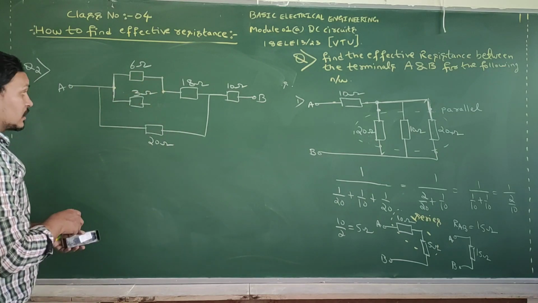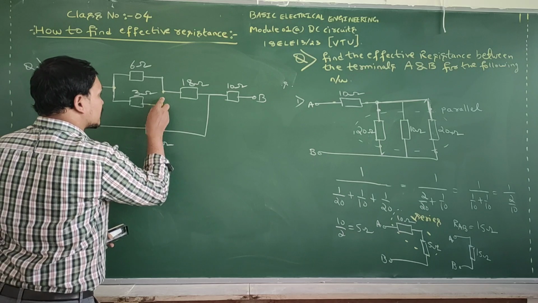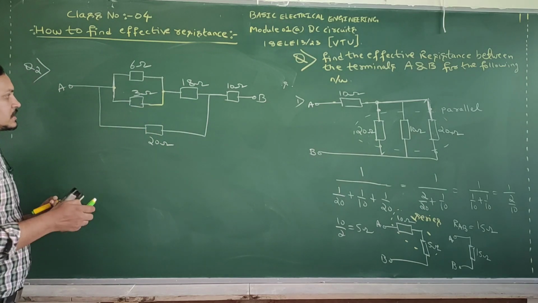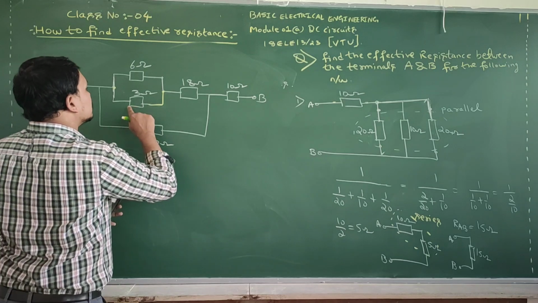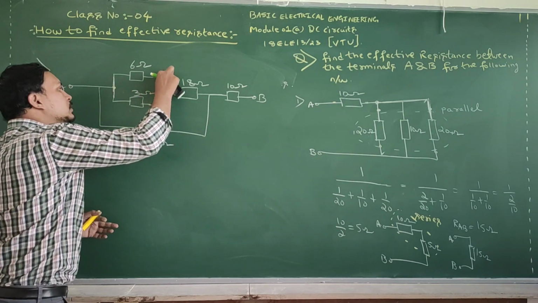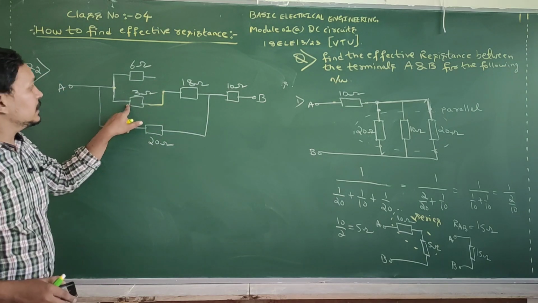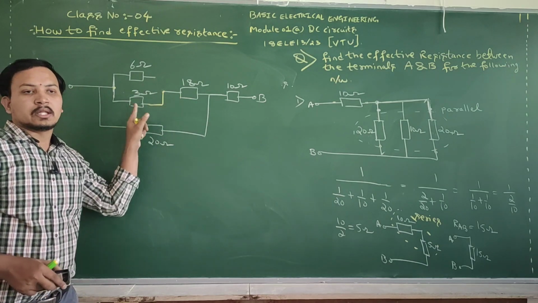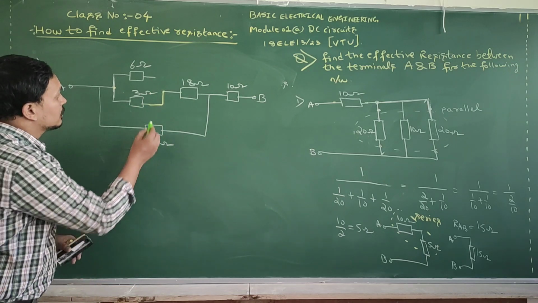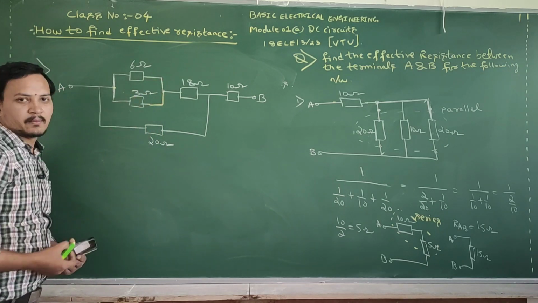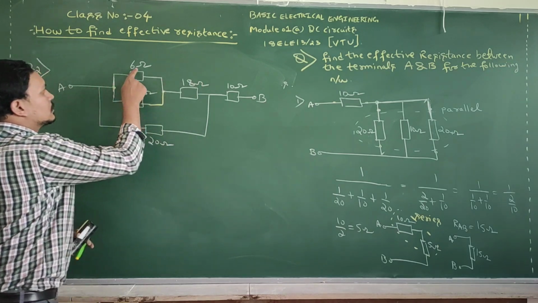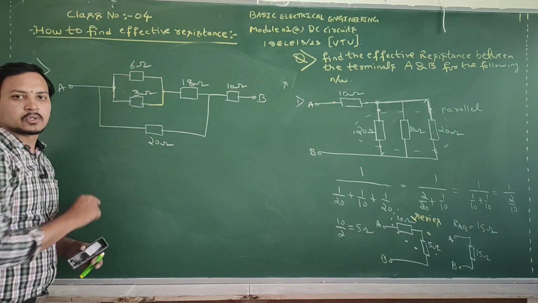But in the actual network, this 3 ohm is disturbing that end-to-end connection. Similarly, for 3 ohm and 18 ohm in series, there should not be any disturbance, but this 6 ohm is disturbing. Therefore, 18 ohm does not have a series combination with either element.